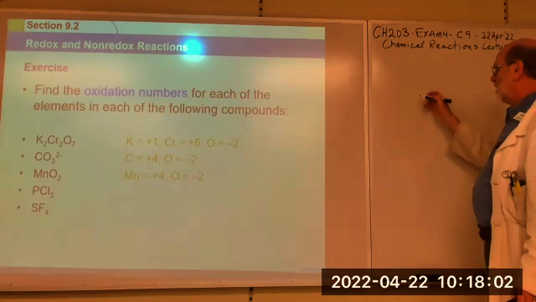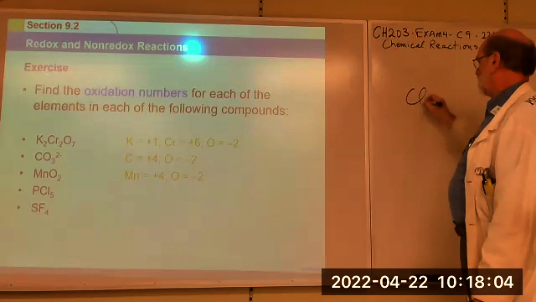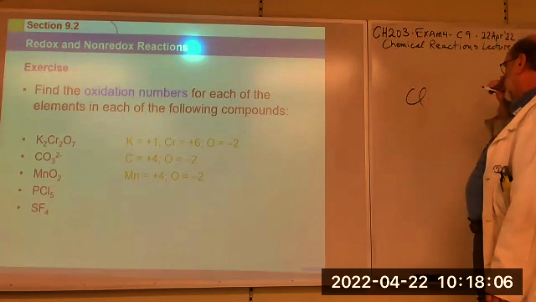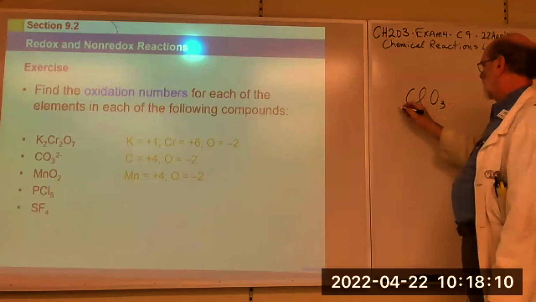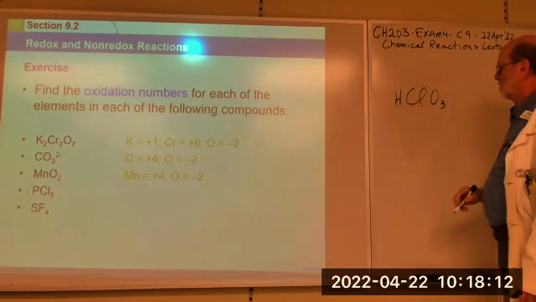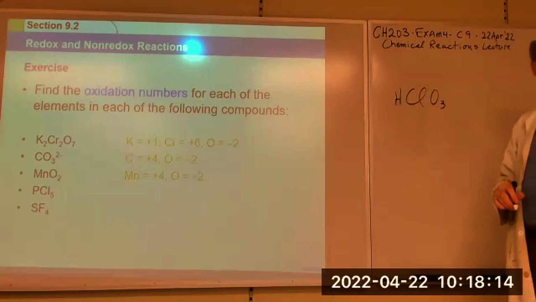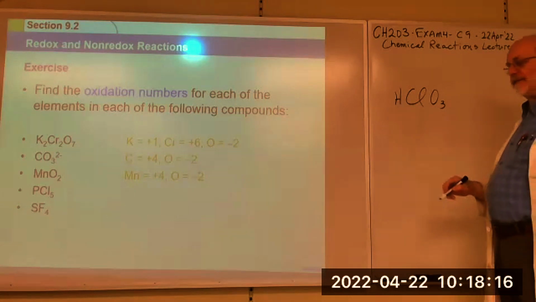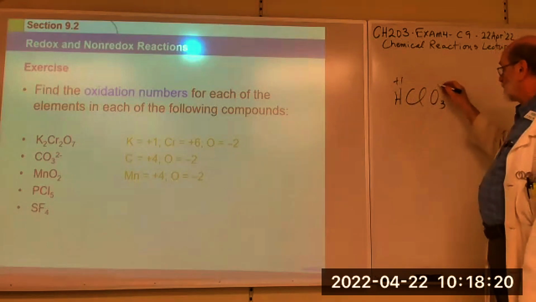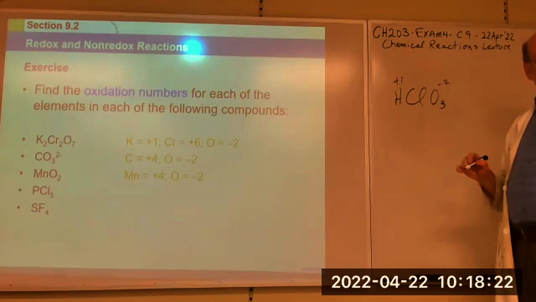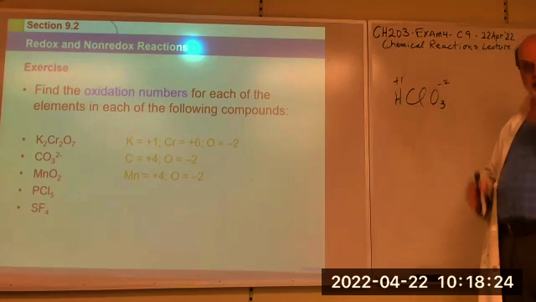Right, if I had chlorine and oxygen and say hydrogen, right? Chloric acid, then I would start with what I know. This one's +1, this one's -2. And chlorine would be the one that is variable.